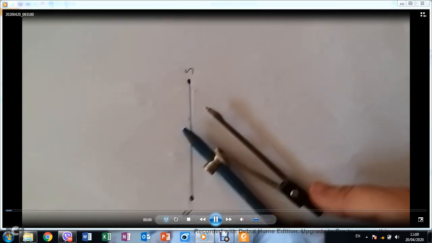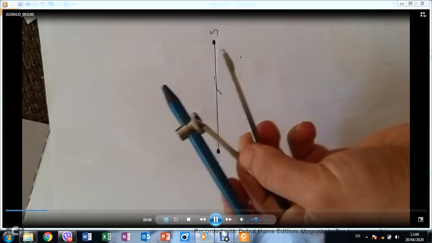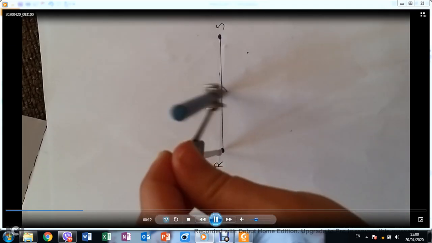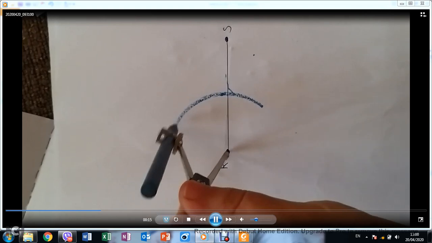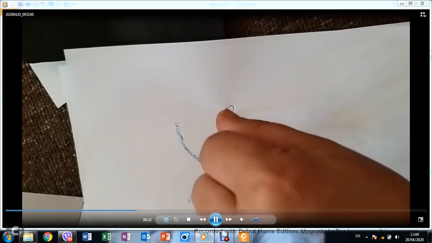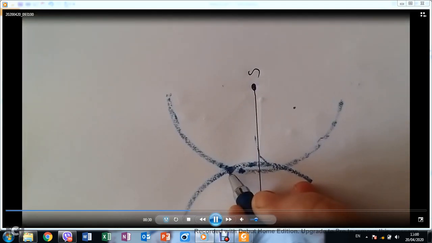Now look how I drew it. We have line segment RS and I open the compass more than half of the line segment. Now I draw an arc. I repeat this step from point S and draw another arc. So I get two points where they overlap. I name one P and the other Q. Now I draw a line from P to Q. I name it PQ.